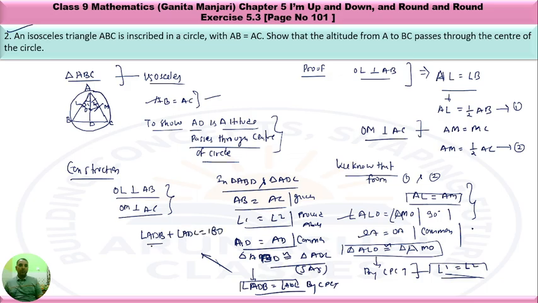As both angles are equal, 2 times angle ADB is equal to 180 degrees. So angle ADB is equal to 90 degrees, so the other angle will also be 90 degrees. So I can say that AD is perpendicular to BC. So AD is an altitude passing through A, and it is a perpendicular bisector of BC. So this altitude is passing through center O. So this is how we have to solve this question.